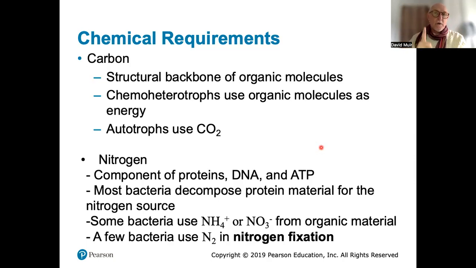In addition, the next most important element that we need is nitrogen. That's because nitrogen is a component of so many different molecules in the body, such as proteins, DNA, and all of the things which are based on nucleotides like ATP and GTP.